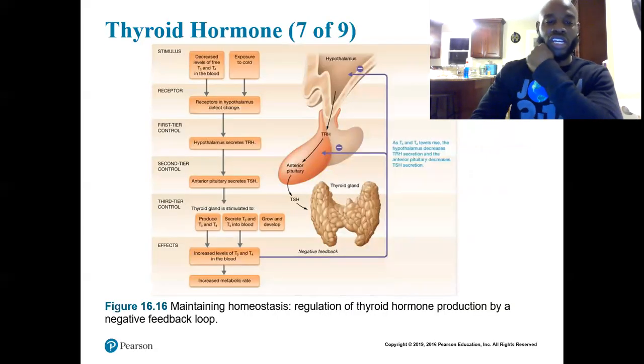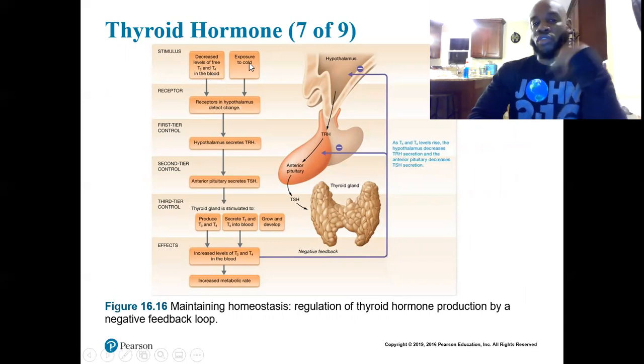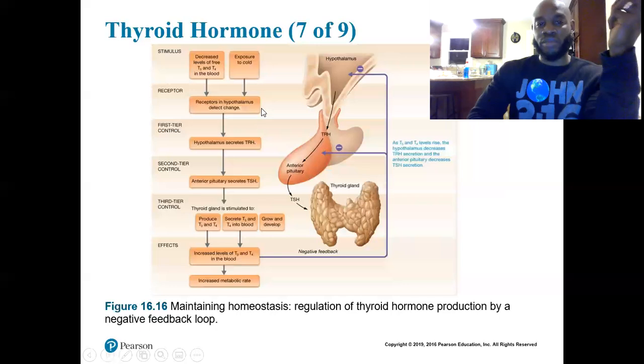This is just showing you a diagram of how that would work, right? So decreased levels of T3 and T4 in the blood or exposure to cold. Receptors in your hypothalamus detect that change.